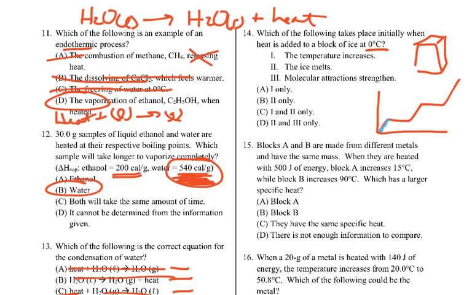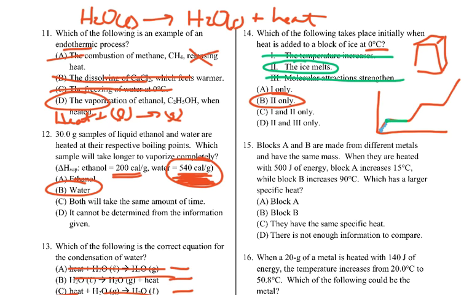But if I have ice right here at 0 degrees, it's just going to melt. So the ice melts. The temperature increases? No. If it's at 0, it's going to stay at 0 until it's melted. Molecular attraction strengthens? No. If we're going from a solid to a liquid, it is not going to strengthen. So the answer is 2 only, ice melts.